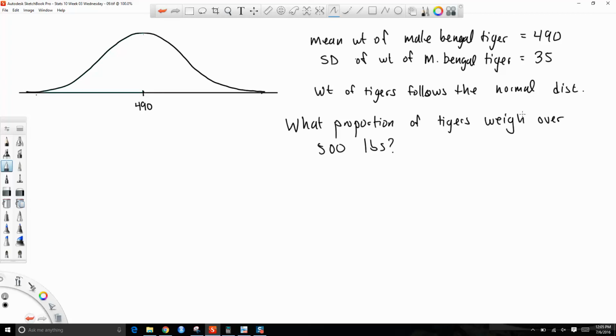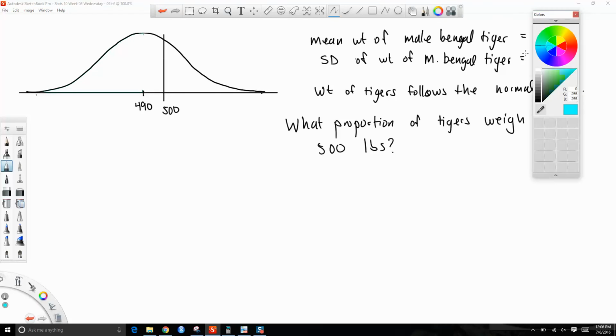If I were to draw a picture, I would draw a vertical line at 500, and I want to shade in the area to the right here. I'm asking, how much do I have shaded over here?